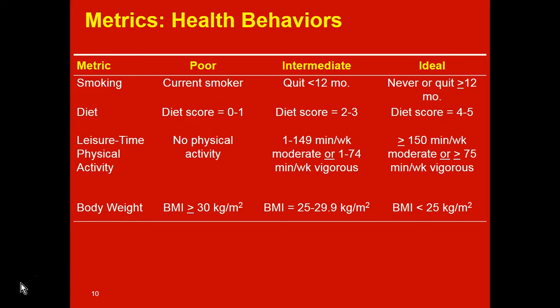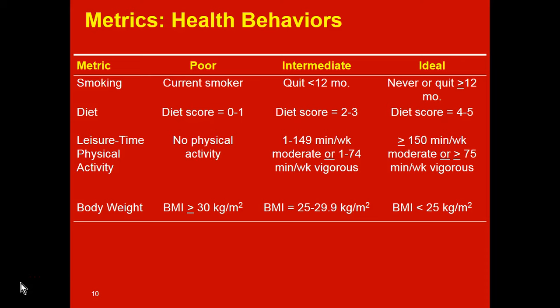The healthy diet score, which I'll get to in detail in a moment, is made up of 5 specific components, and depending on how many of the components you reach a threshold on, you are classified as poor, intermediate, and ideal with regard to the diet score. Reaching 0 to 1 component, 2 to 3, or 4 to 5 are the cut points for the poor, intermediate, and ideal category.